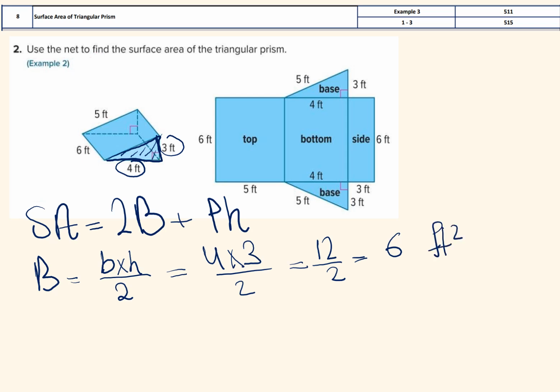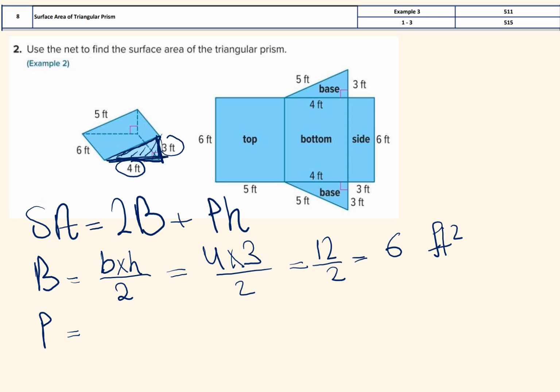Now let's find the perimeter P. How to find the perimeter P? Well, again, focus on the triangular base and try to add all the sides. Of course, as you see, that side here is given, which is 3, and this side here is 4.